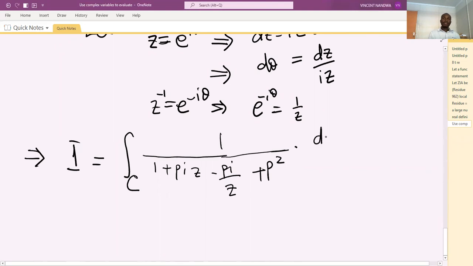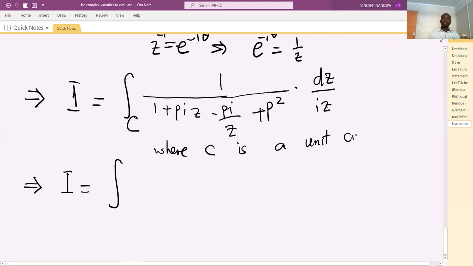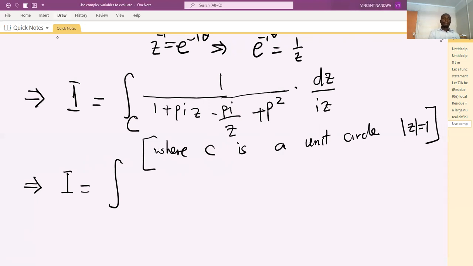Then d theta is dz over iz. So which implies I, then you specify where C is the unit circle, not a unit circle.